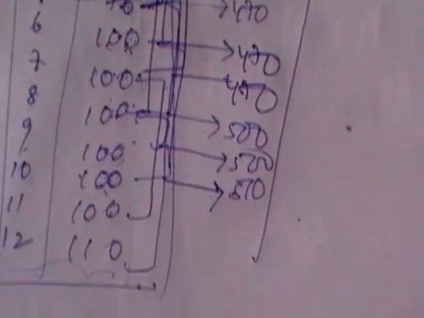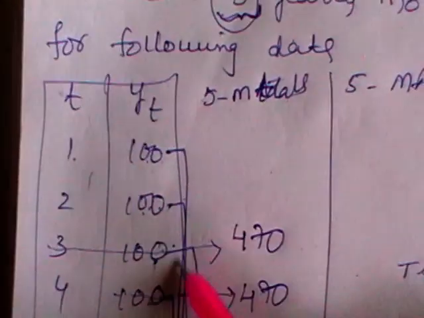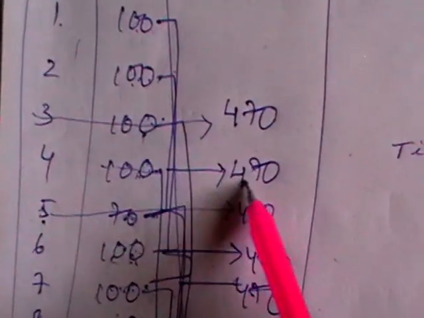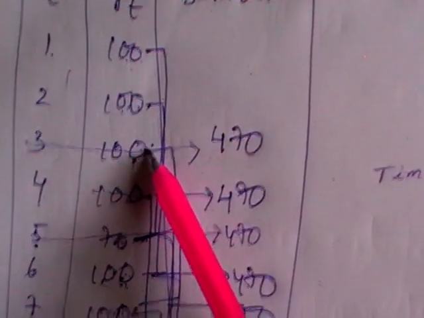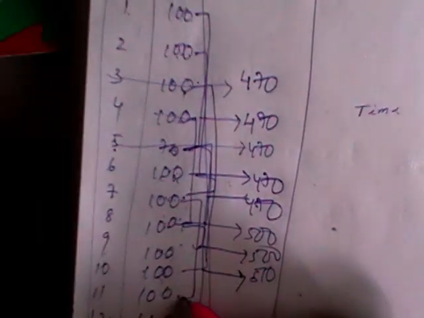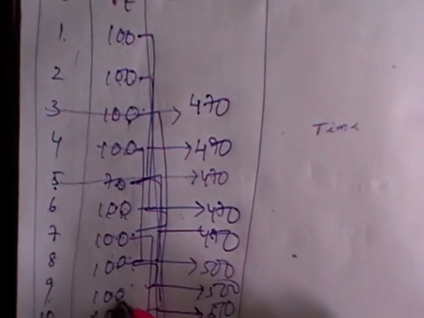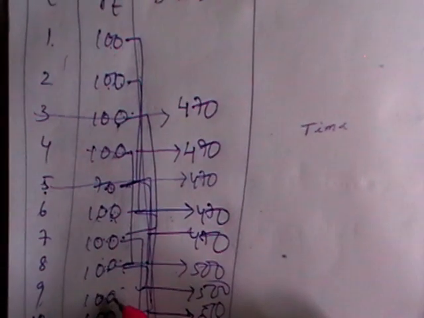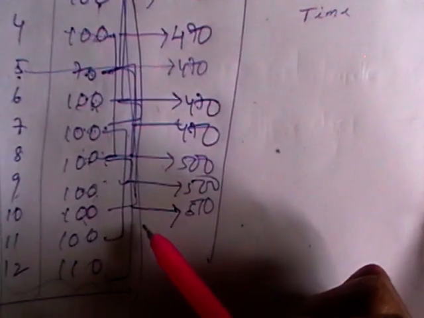Leave the first one, start from the second observation, add 5, and place it against the middle value. For the third, start from the third observation, and add until you have all. If you come to the ninth observation, you are not getting 5 observations to add, only 4, so you can stop the calculation of the moving totals.